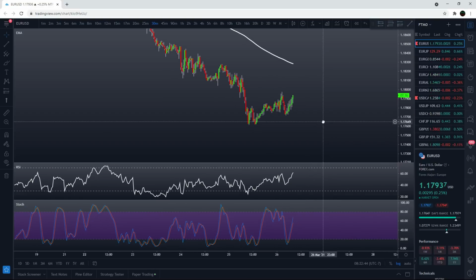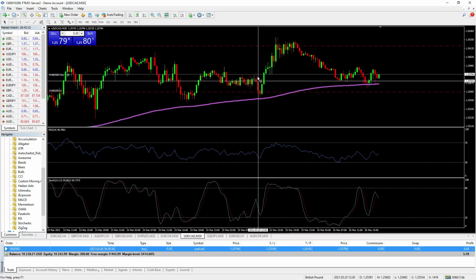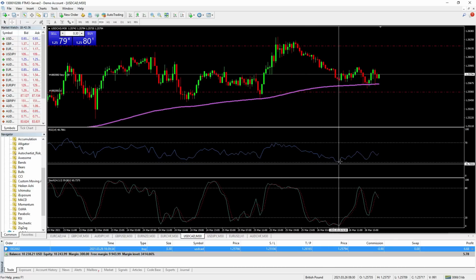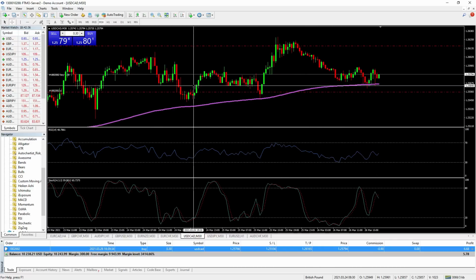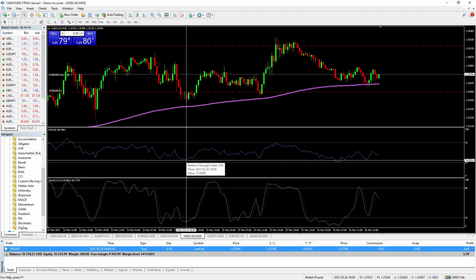There's always another opportunity. All right, so I actually got an entry on the US dollar against the Canadian dollar again. So we'll see how this plays out. As you can see, we got the hidden divergence. So we compare the lows here and then the RSI. If we look, the lowest point on the RSI of this whole area is right here.